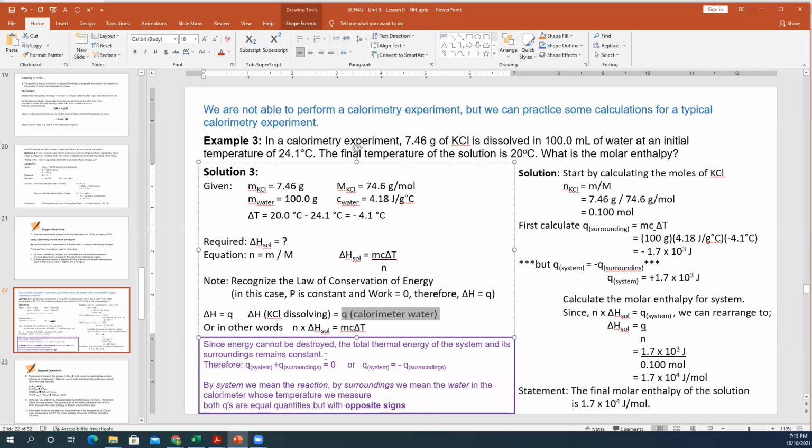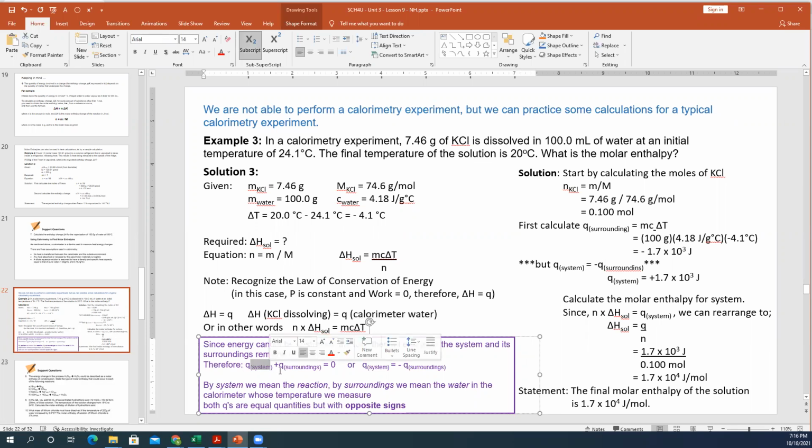Now, these are just things you have to keep in mind as we're doing this. You have to understand that energy can't be destroyed. The total thermal energy of the system and its surroundings is constant. So the Q of the system plus the Q of the surroundings is 0. In other words, Q of the system is equal to minus Q of the surroundings.